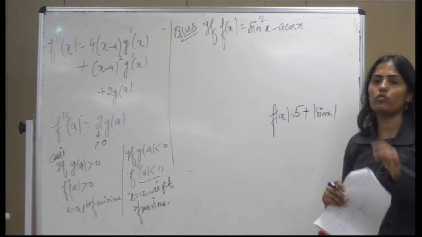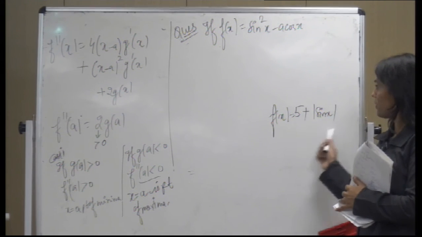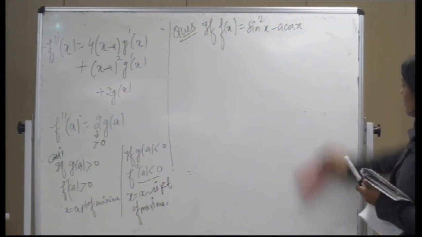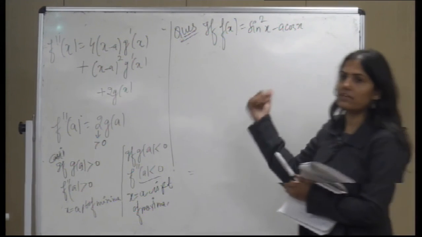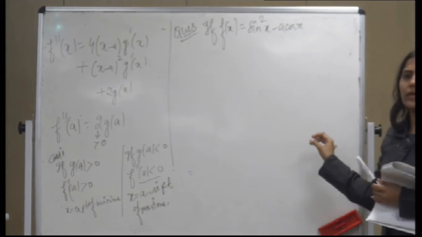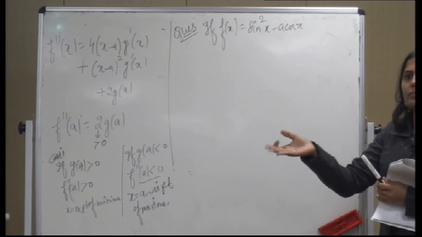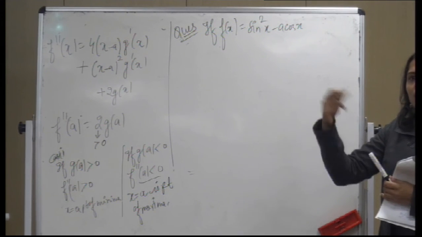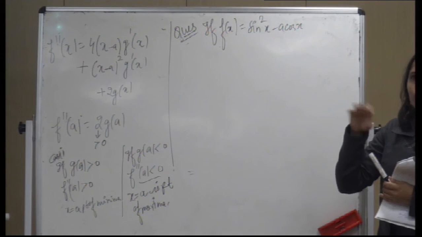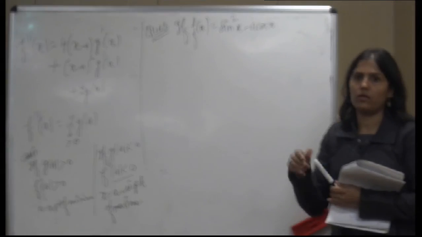What values are you taking for this now? Yes, fine. Such straightforward questions also come. It's not that I took a very simple question. My point is that sometimes a graph helps, sometimes a method helps, sometimes direct calculation also helps. So you have to be very careful about which method you can quickly apply in a question.